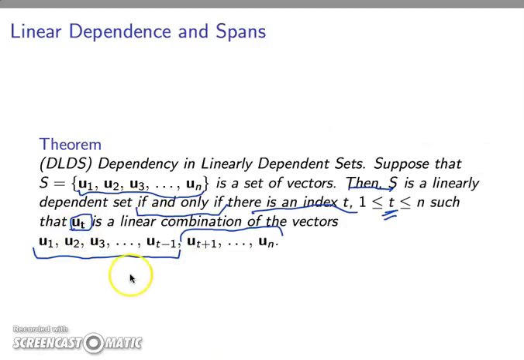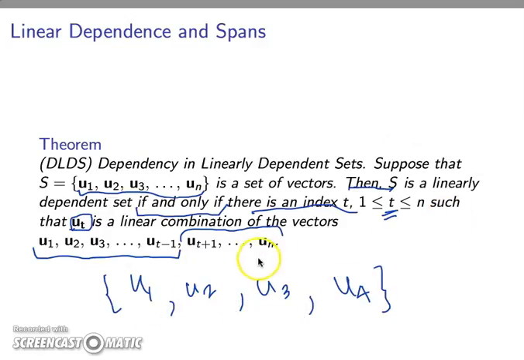So let's say, for example, that we have u1, u2, u3, and u4. What this is referring to is, let's select one index. Let's say there is such an index, for example t equals 4, just for the sake of an example.